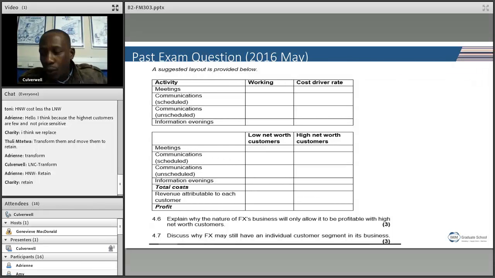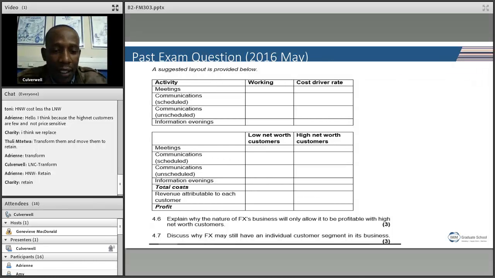So you also needed to continuously monitor those clients that are falling between 1 to 10 million in low net worth customers, so that you'll be in a position to elevate others into the high net worth customers. So basically that will be your comments on a customer profitability question. Look at the 4-box analysis together with the strategies as well. So that's basically what customer profitability analysis is.